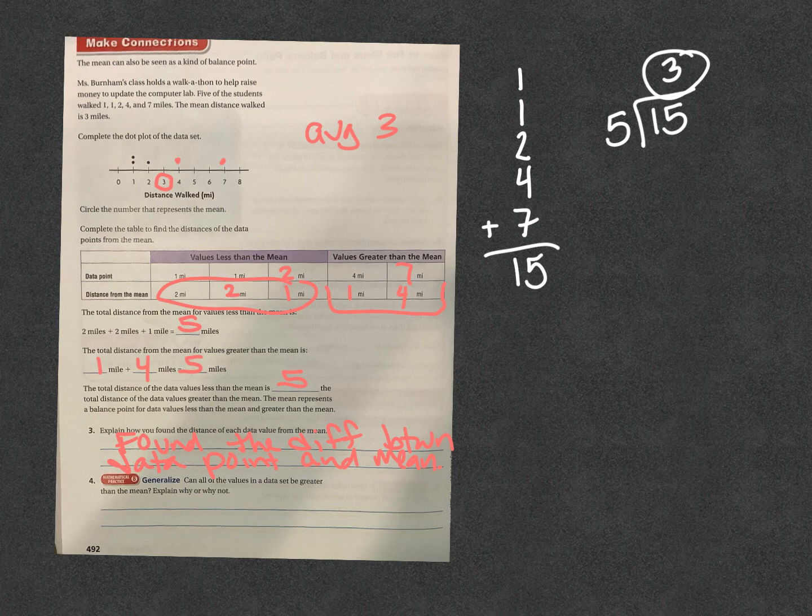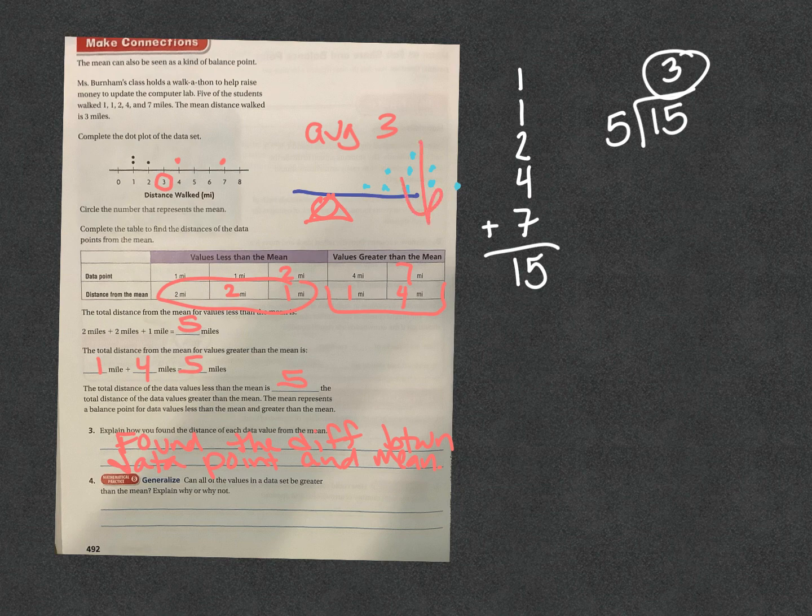Would that work if we had the mean right here and then all of our data values were over here? Think of a seesaw, a teeter-totter. Is there any way that this point is going to stay fair and balanced? No, right? You've been on a seesaw. That thing's going to fall down.